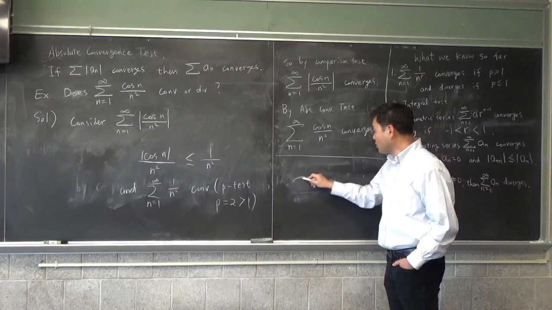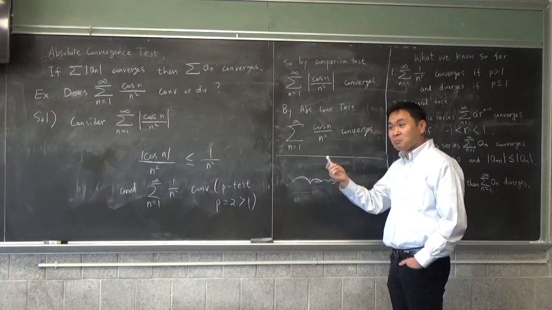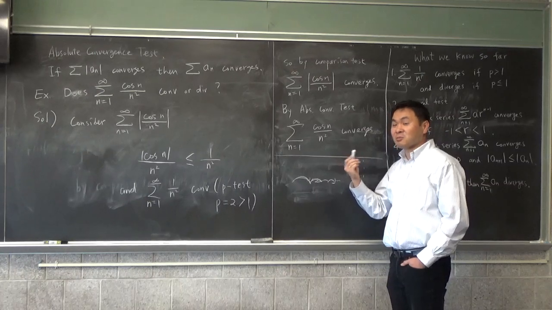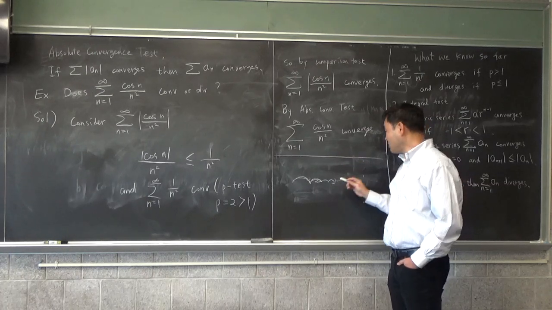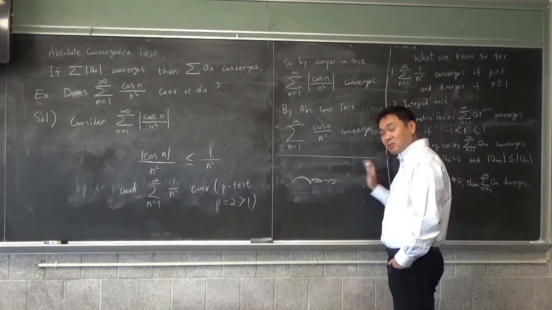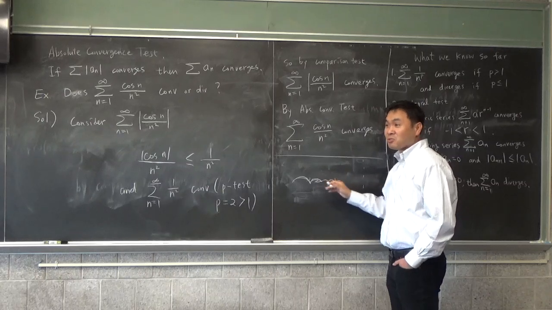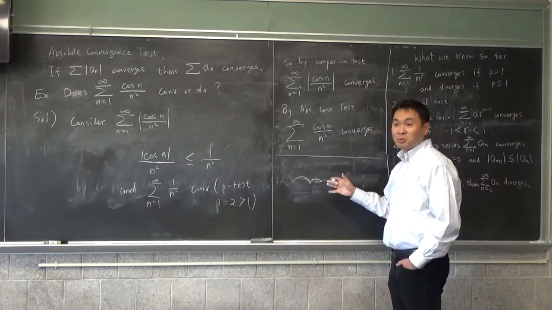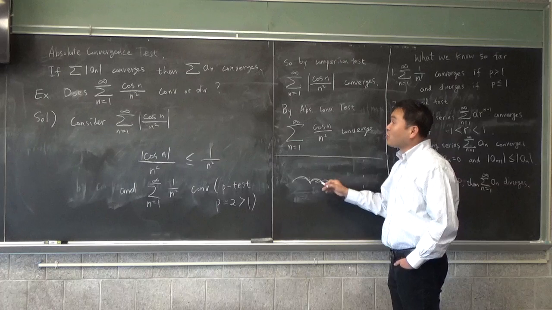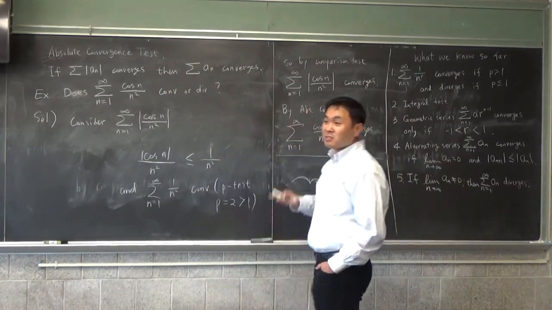So it might be like going twice like that, but then it's negative, and then you're going twice. But because your jumps are getting smaller and smaller, even if you tried really hard, you couldn't go towards infinity. If you allow the signs to just change, it will just stay there. You won't be able to go far away. So that's why without the absolute value, it should converge. Okay? That's the rough idea.